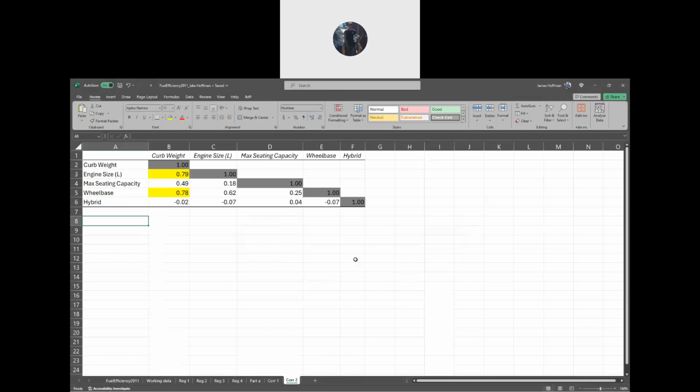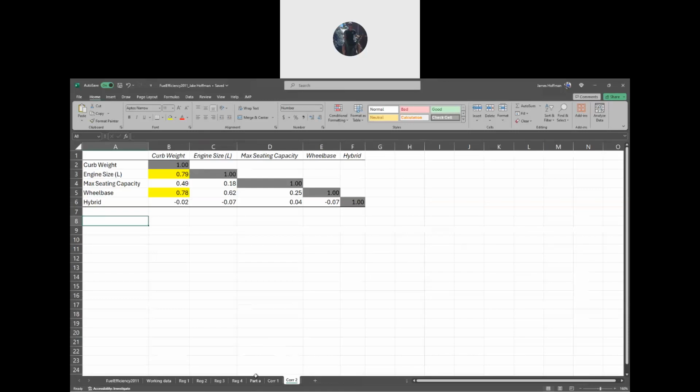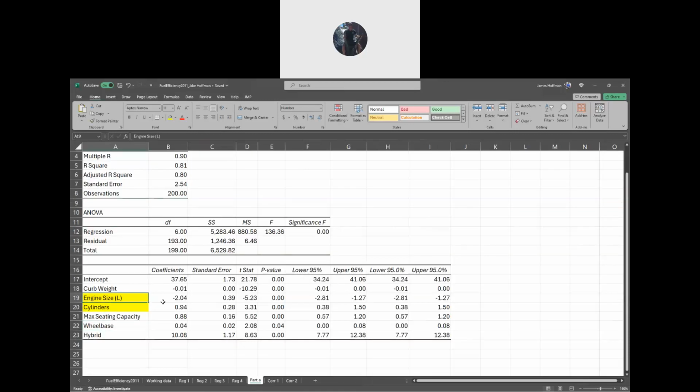Correct. So first we were comparing engine size and cylinders, right? That's step one. So we're taking out either engine size or cylinders, and from that part we take out cylinders.